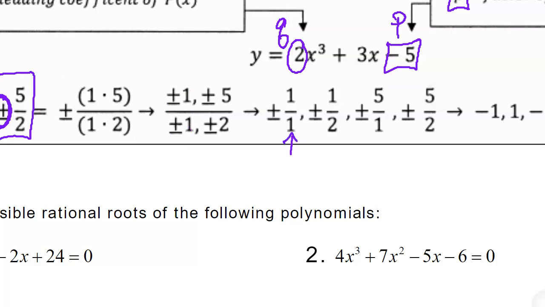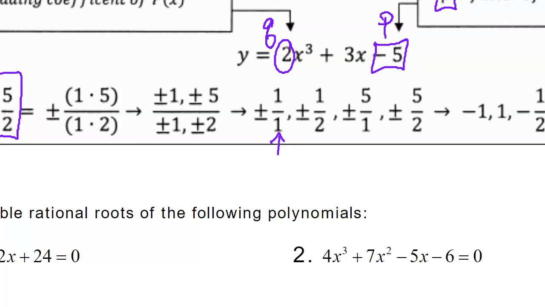I always like to think of the numerator. So I've done the combination of 1 over 1. Then I'm still working with the numerator 1, and I put it over the second denominator, 2. So I have plus or minus 1/2. Then I've done all combinations with the numerator of 1. I move on to the 5. I have to do 5 over the first denominator, 1.